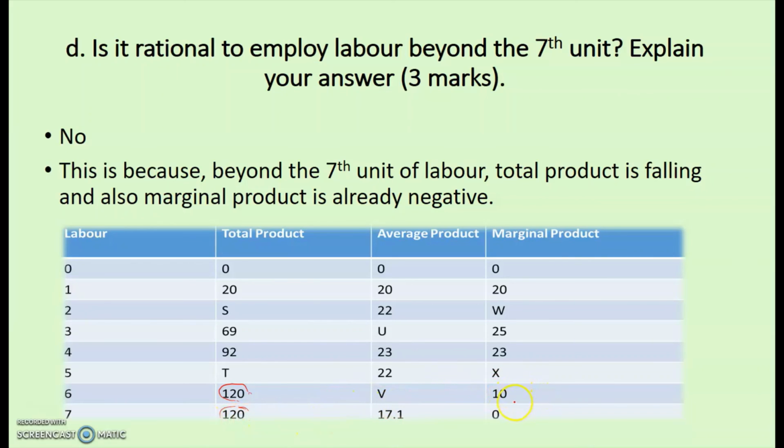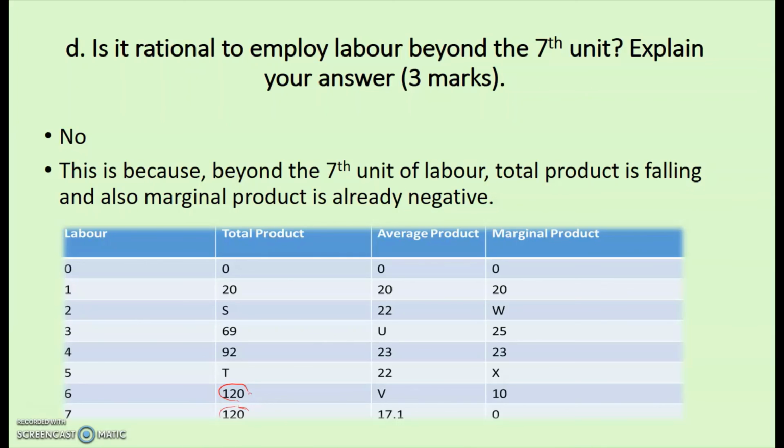For the marginal product of the 6th unit, we have 10, that of the 7th unit is 0. It means that employing the 7th person did not add anything to our productivity. Now from 0, we are entering into the negative zone, and they are asking us, is it rational to employ beyond the 7th unit? In other words, is it rational for the producer to employ an 8th person?